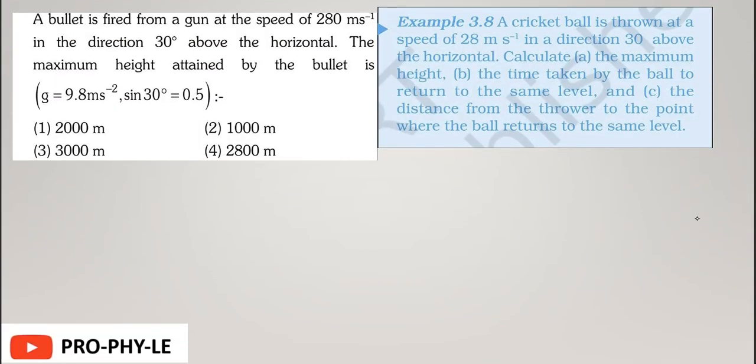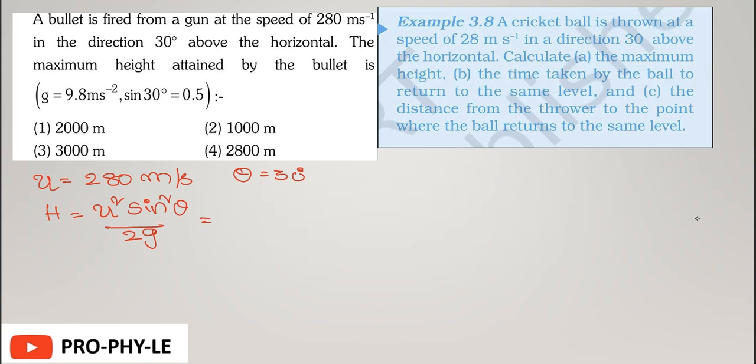A bullet is fired from a gun at a speed of 280 meters per second. So speed is given as 280 meters per second and angle of projection is given as 30 degrees. They are asking for the maximum height attained by the bullet. The maximum height formula is u square sine square theta by 2g.